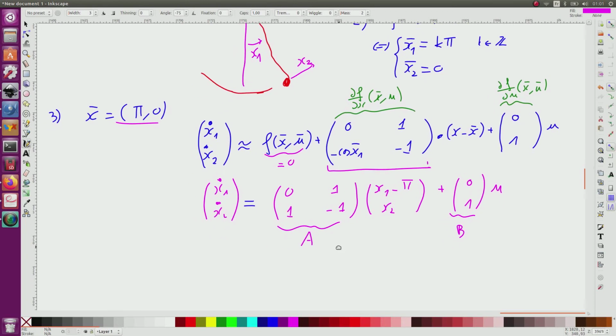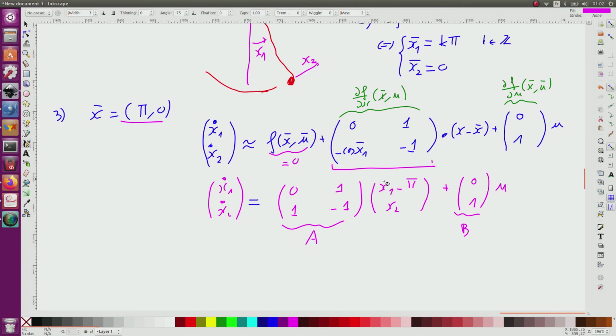Now in the exercise I have to study the stability around this point, and for this I have to compute the characteristic polynomial P of S of the system.